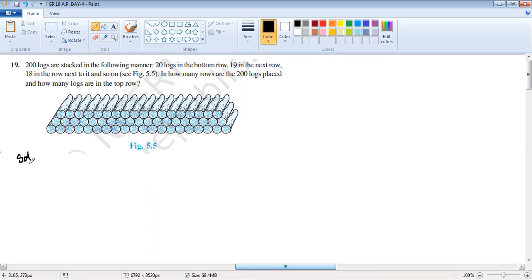So in a sequence they have given first row 20, the next one reduces to 19, the next one 18, 17, and so on.